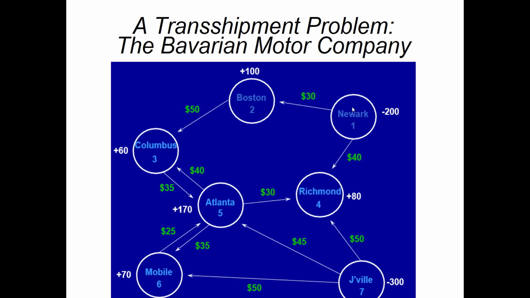For example, for node 1, we don't have any inflow, so the inflow is 0 because no station is sending material to this one, minus the outflow. The outflow is the summation of x12 and x14. So 0 minus x12 minus x14 should be greater than or equal to the supply, that in this case is minus 200.